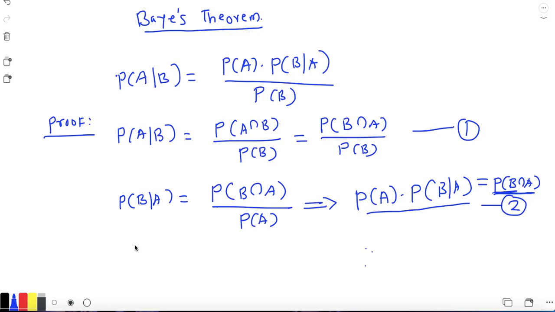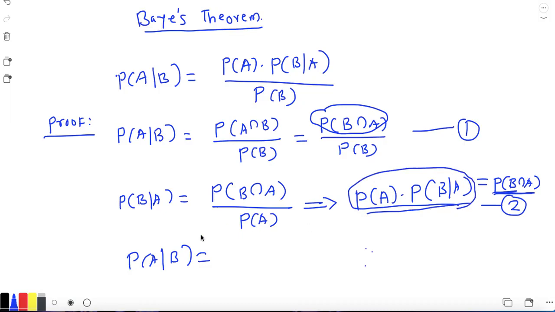Equation 1 becomes probability of A given B is equal to, now here I am substituting this, right? So this is equal to probability of A into probability of B given A divided by this denominator, which is probability of B. So which is Bayes theorem, right? This is Bayes theorem. So that is the simple proof of Bayes theorem.